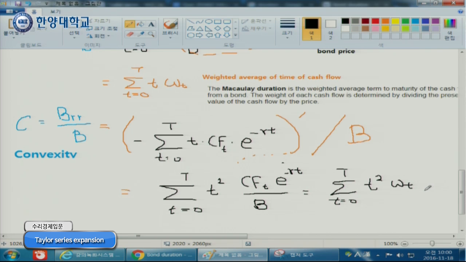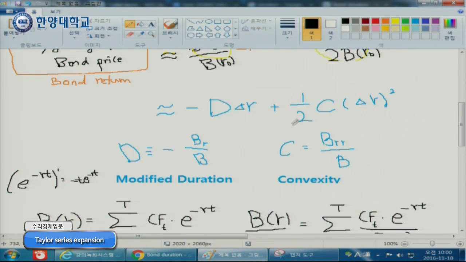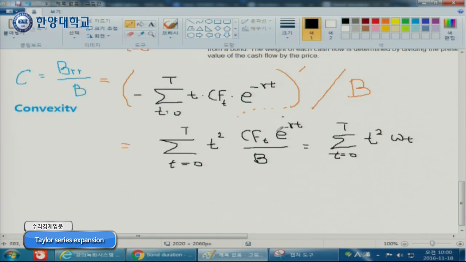So convexity is also a weighted average, but now we take the weighted average of squared time. Right? Remember this one, we multiply by 1/2 over here. So convexity is only this part. Convexity is also a weighted average, but it's squared time.